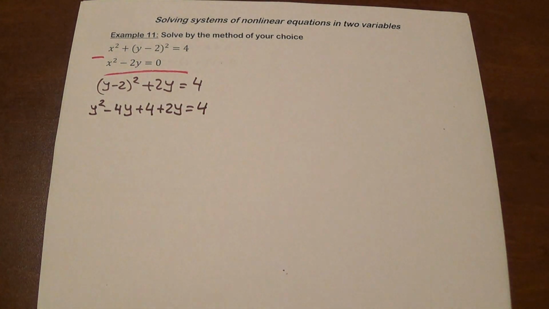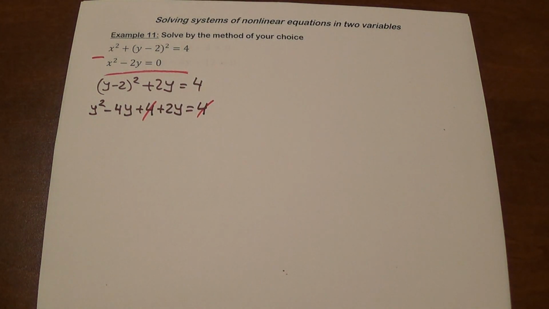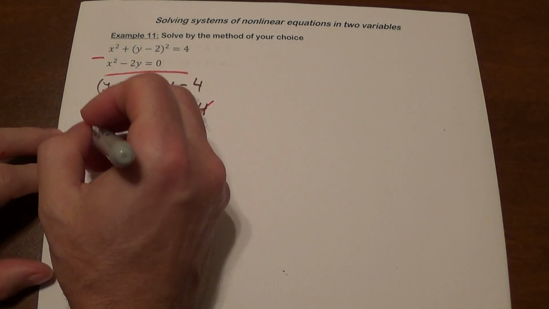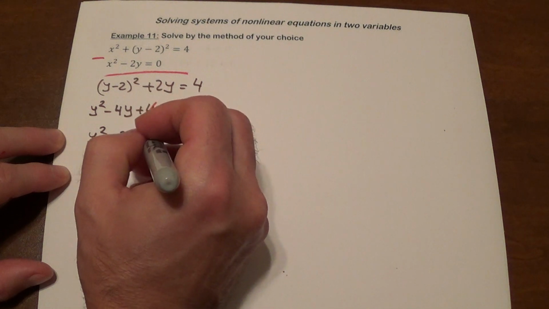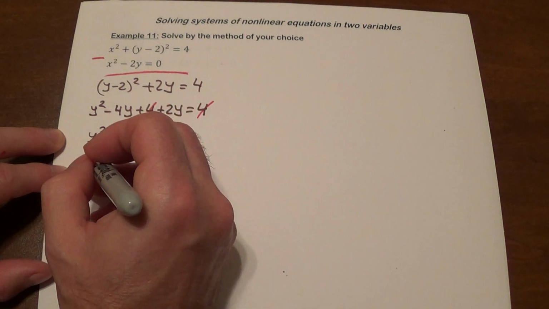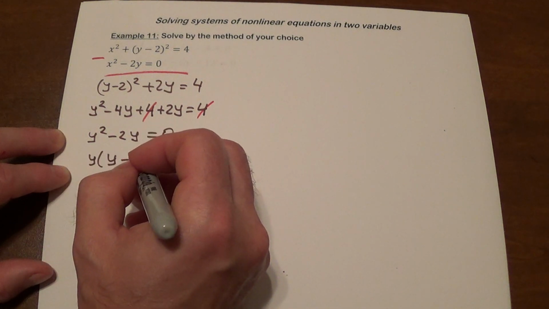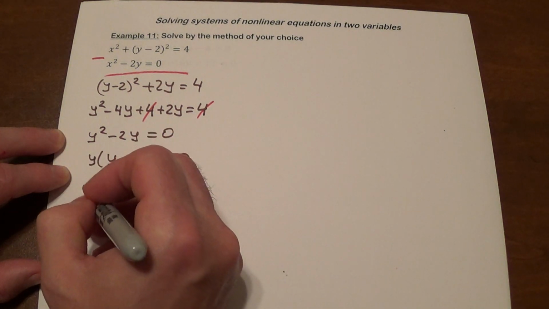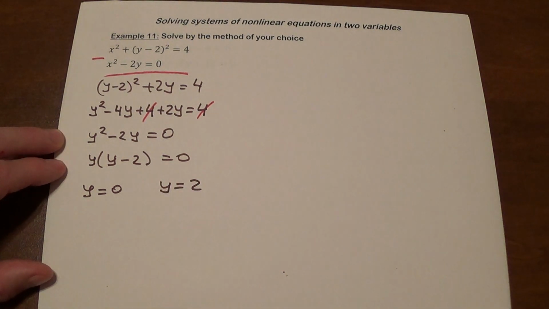You can see that the 4's are going to cancel. And our equation is going to end up being y squared minus 2y equals 0. So we solve it by factoring out y, which gives us y times (y minus 2), and that's going to give us y equals 0 or y equals 2, correct?